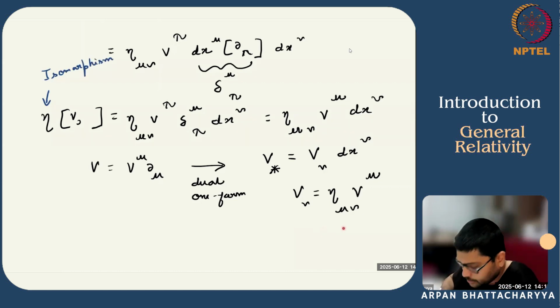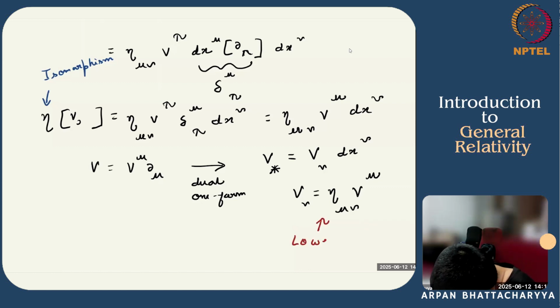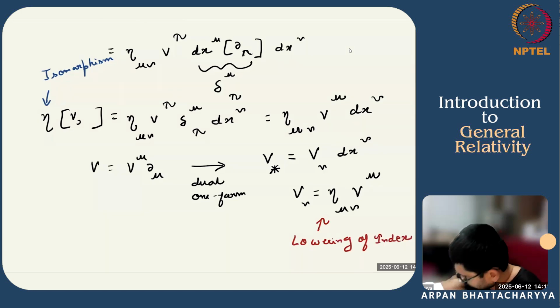This is what we call the lowering of indices. So what it means is that if you contract a vector with eta in this suitable way, then you can lower the index and get a corresponding one form.